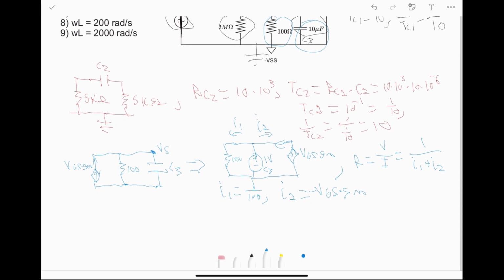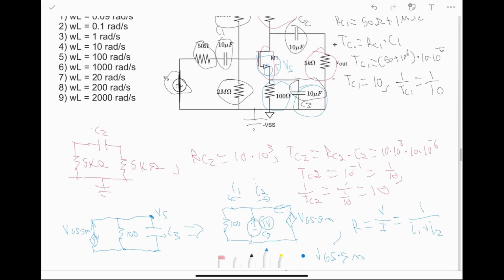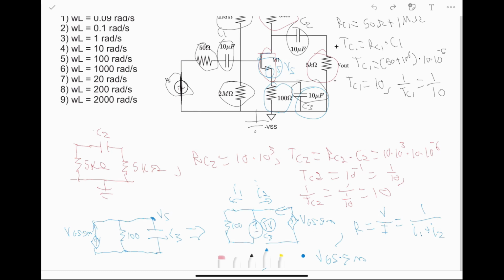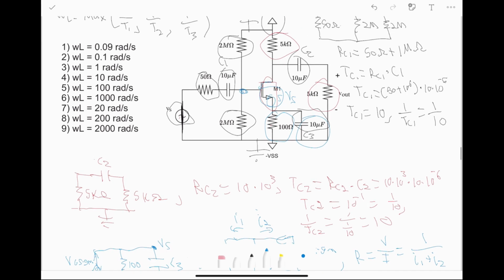So we need to call this negative VGS times GM. Now let's think about what VGS actually is. We know that Vs is equal to this voltage source that we've put right here, so Vs is equal to 1 volt. And we know that Vg is equal to 0 because we turned off this AC source here. So we know the voltage at this point is 0 volts.